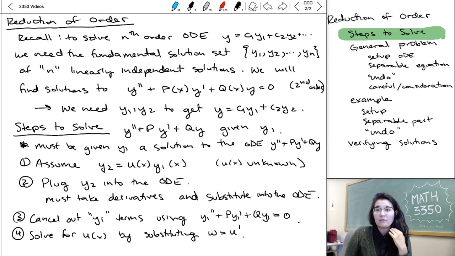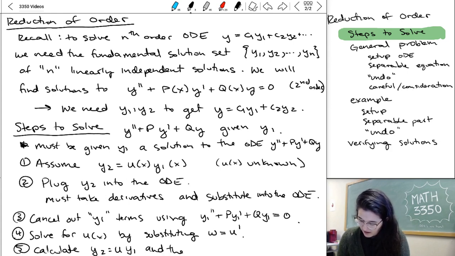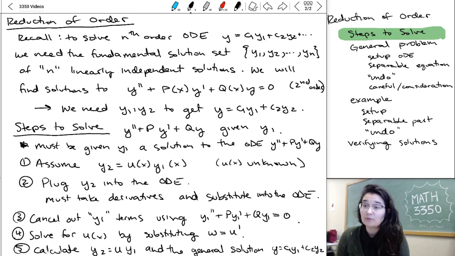So this step will allow us to change it into actually a first order equation that we know how to solve. And then after we get that solution, we can go ahead and calculate y2 equal to u y1. And we would have the general solution, y equal to c1 y1 plus c2 y2.